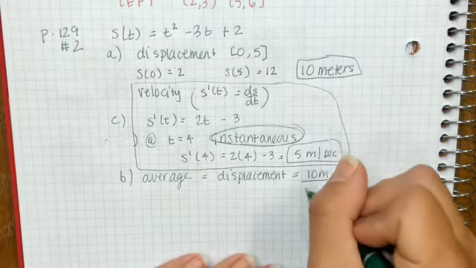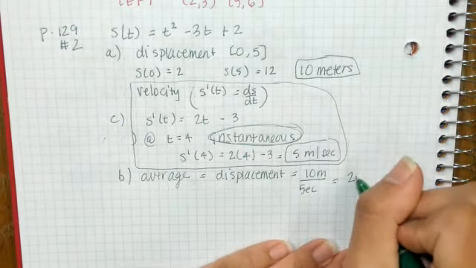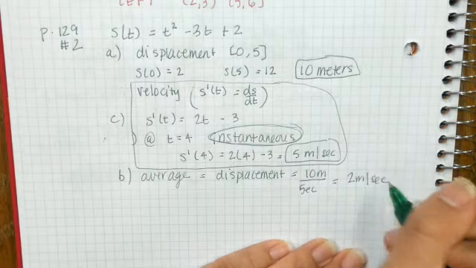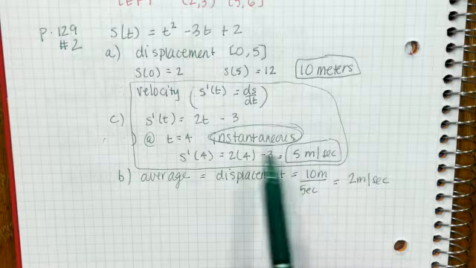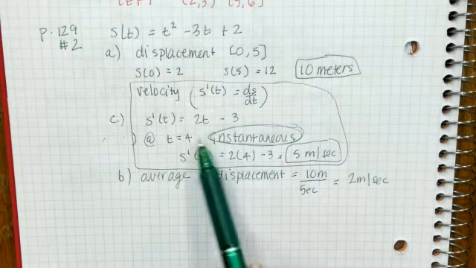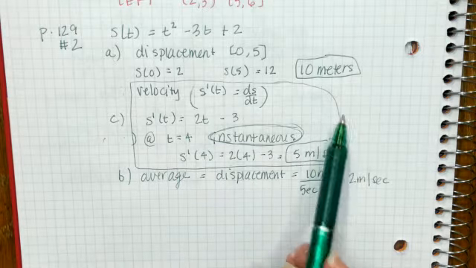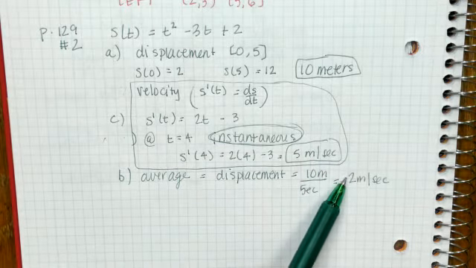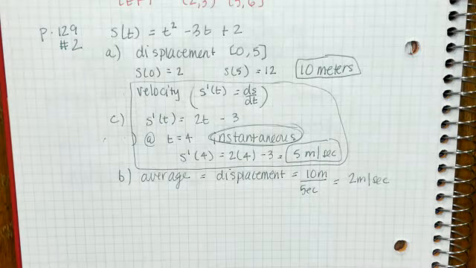The time is 5 seconds, which is 2 meters per second. On average, this particle is moving at 2 meters per second. At 4 seconds, they asked you for 4, it's traveling 5 meters per second. So big difference between the average and the instantaneous.